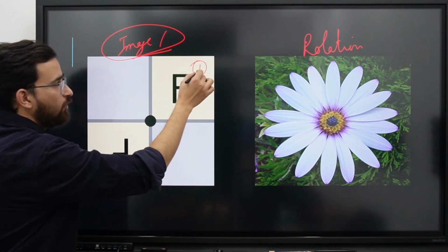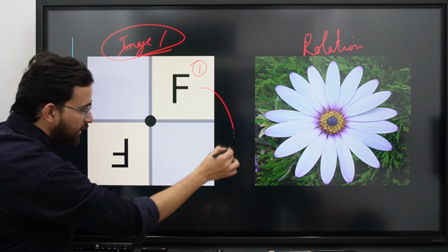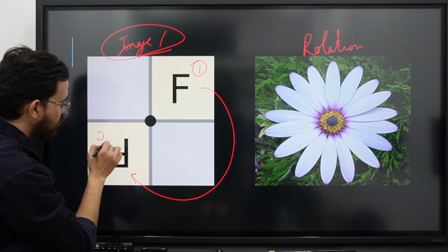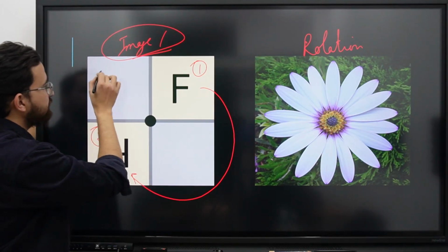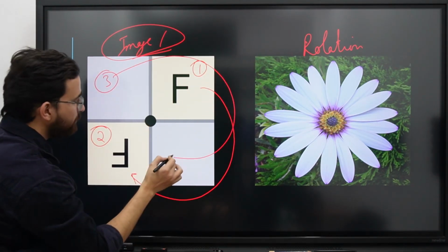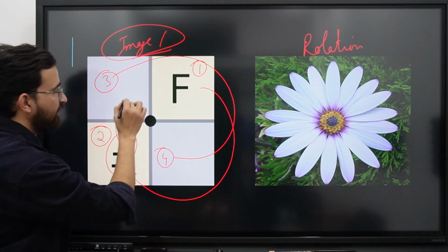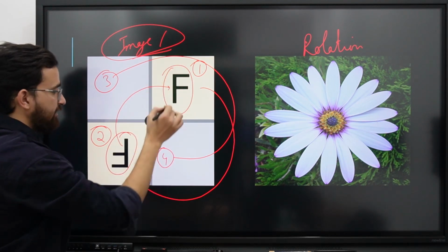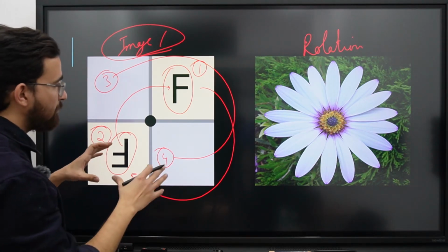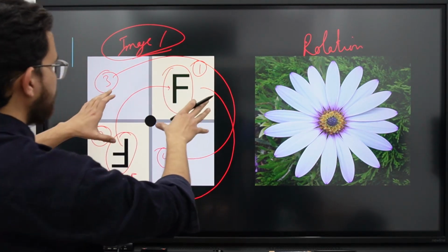This yellow square has a copy here. This gray square has a copy here. This inverted S has a copy here. So we can imagine, yes, there is some kind of rotational symmetry going on.